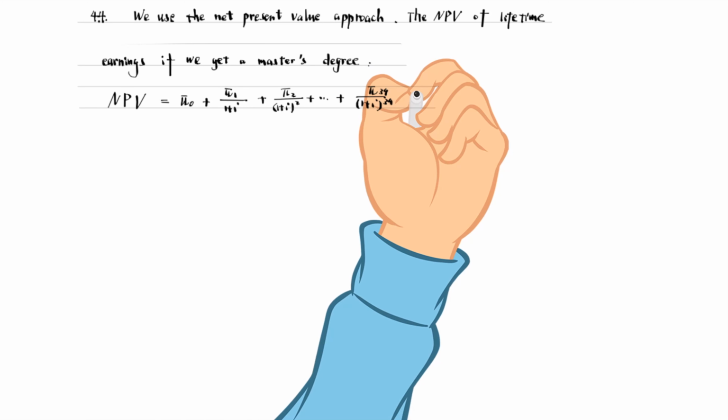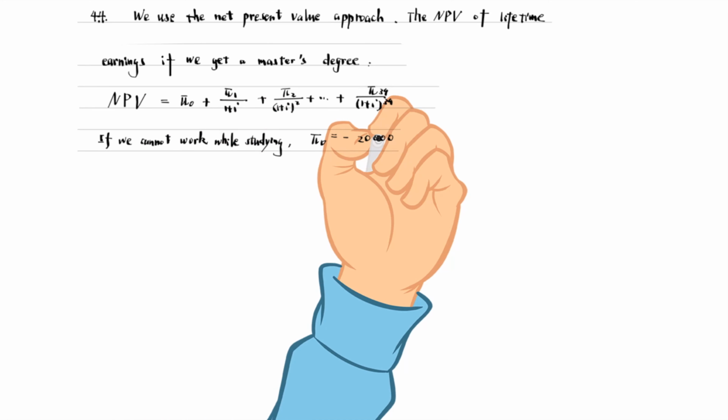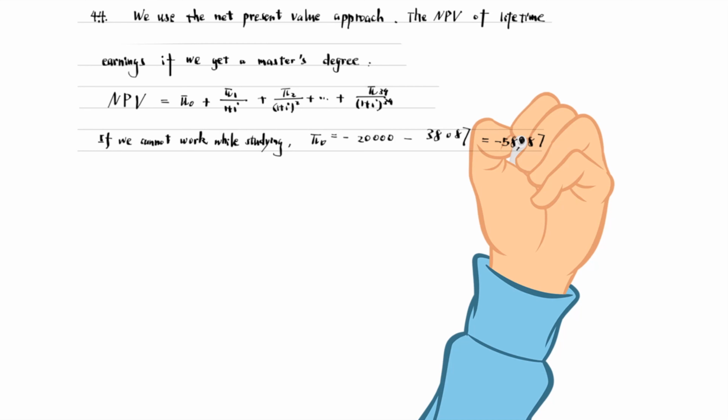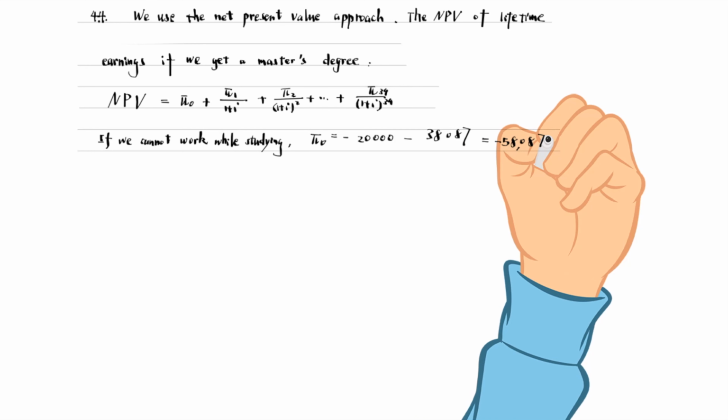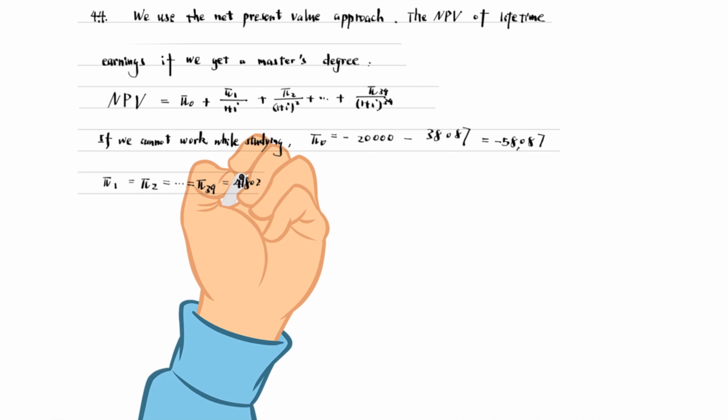If we cannot work while studying, the first term, pi 0, is the cost of getting the degree, including the tuition and the foregone earnings. The other terms are the benefits of getting a master's degree, that is, the difference in earnings.